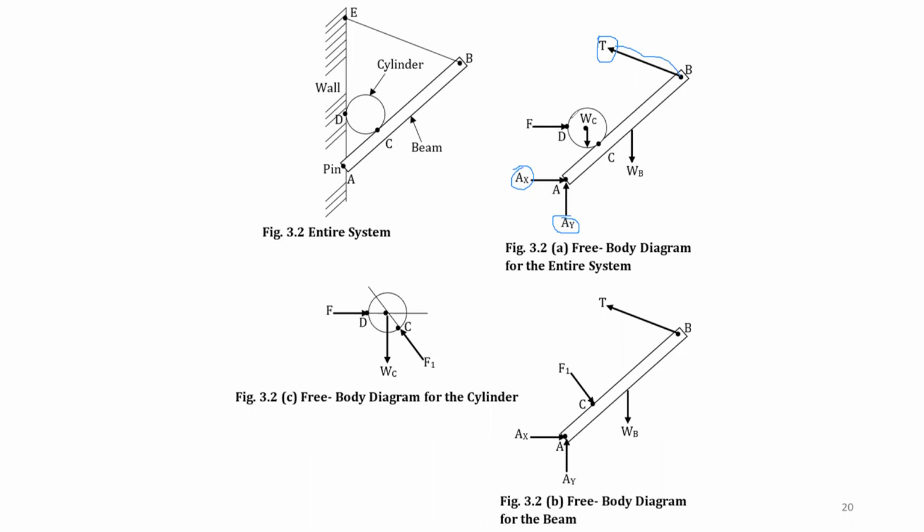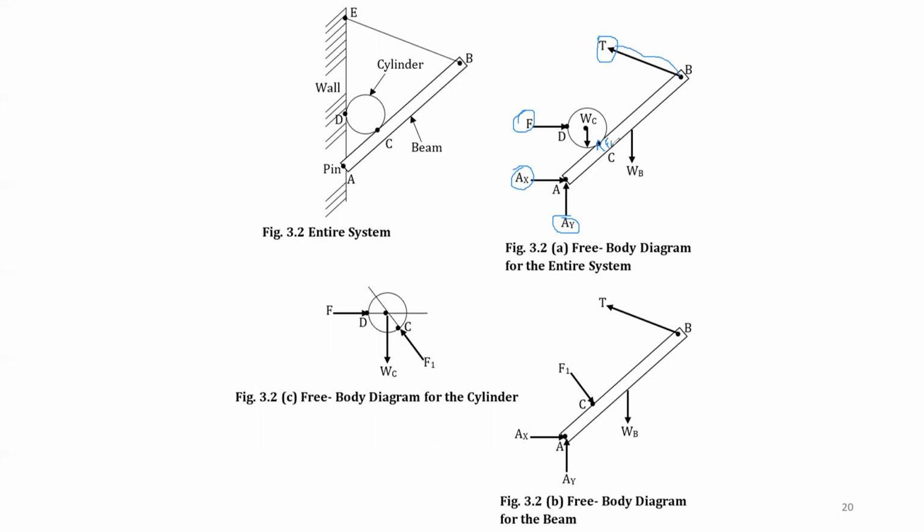And then when we come to the point D, it is also in contact with the wall. There should be a force here. So the force here we can say is F1.